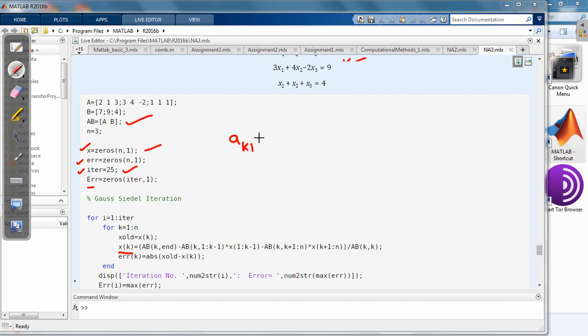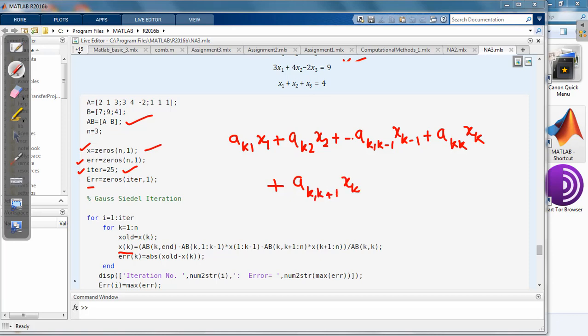ak1 x1 plus ak2 x2, in this way, then maybe a k minus 1 x k minus 1 plus akk xk, and plus a k plus 1 x k plus 1, a k plus 2 x k plus 2, and finally in this way akn xn, and that is equal to bn.